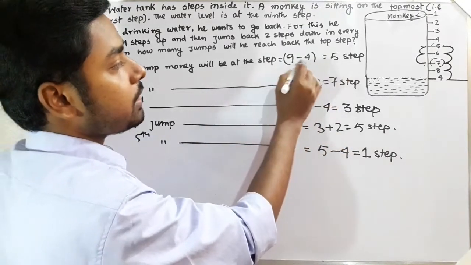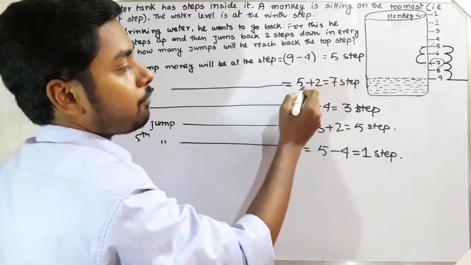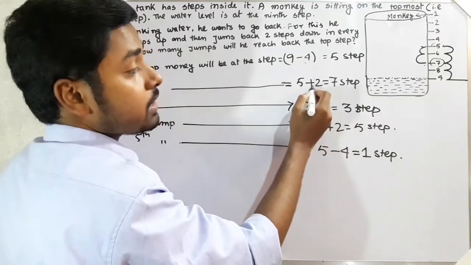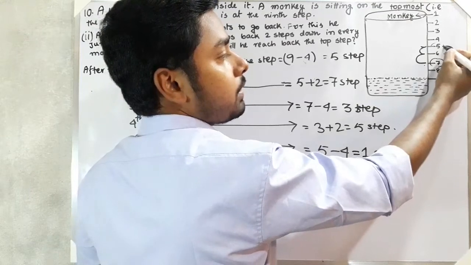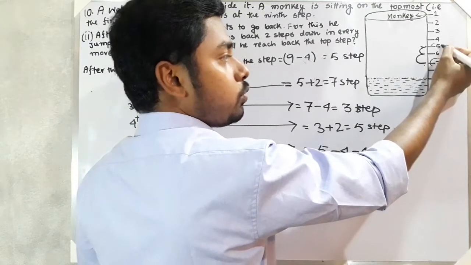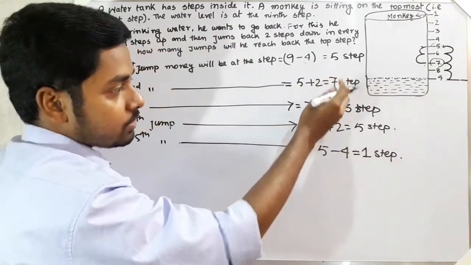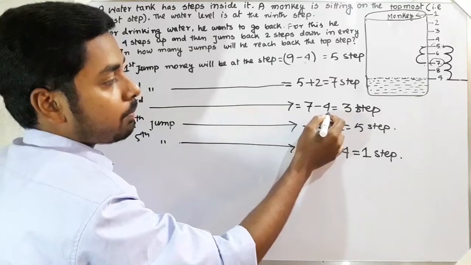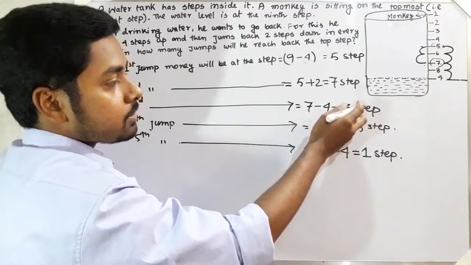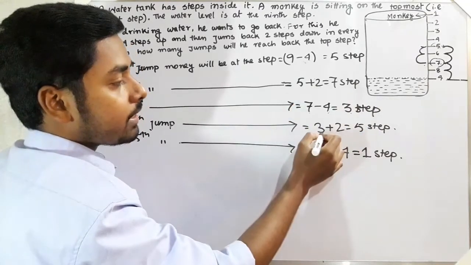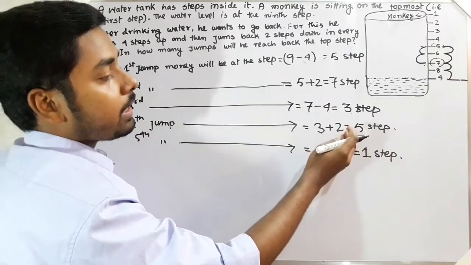Try to understand the series now. Jump 4 steps up, so 9 minus 4, 5. Then 2 steps down, so plus 2. That means after 9, 4 steps up, 9 minus 4, 5. Then 2 steps down, so 5 plus 2, 7. Then the same series we have to continue. After 7, 4 steps up, that means -4, so the third step. And then 2 steps down, so 3 plus 2 equals 5. Now after this, again 4 steps up.